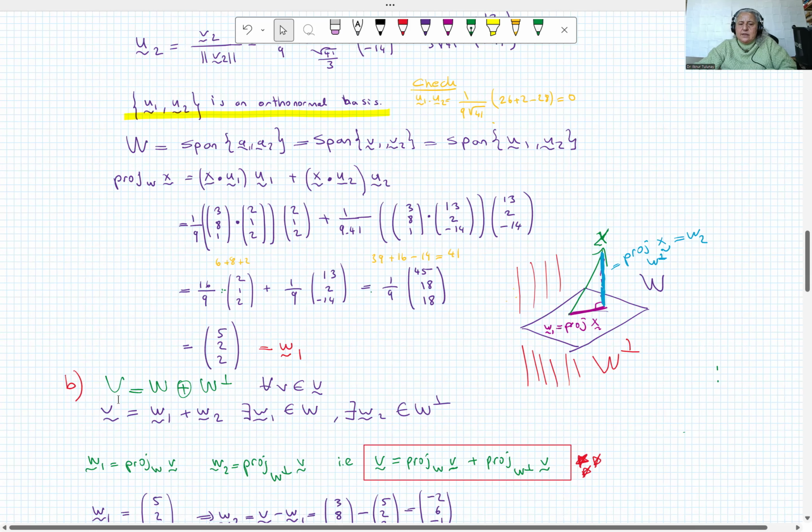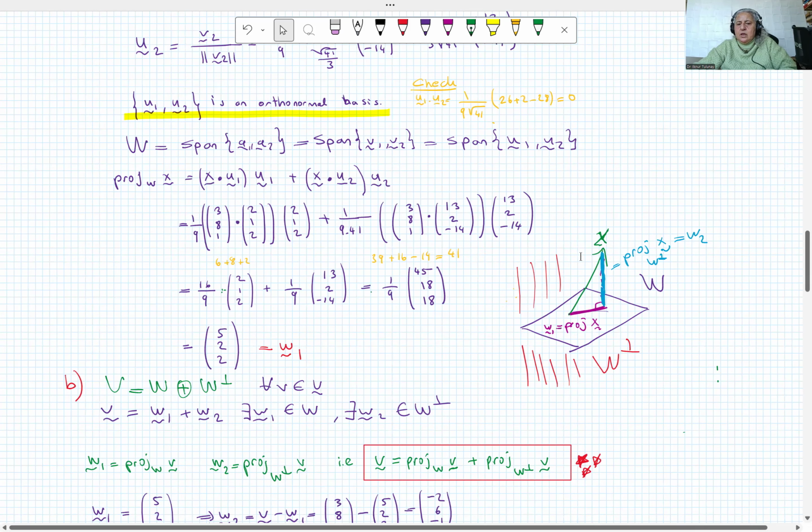Now, the B section says that every vector can be written as a linear combination of those two. So this is what we see here, right? The vector x will be this vector plus this vector. Basically W1, and if you call this one W2, this blue vector is really the projection of the vector x onto the complement space of W, which we call W2.